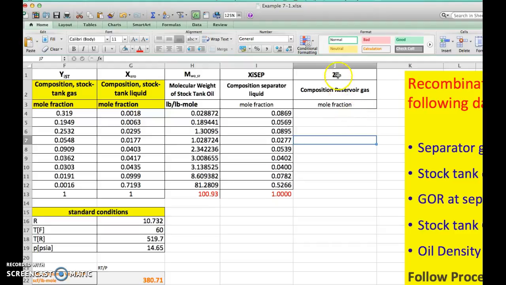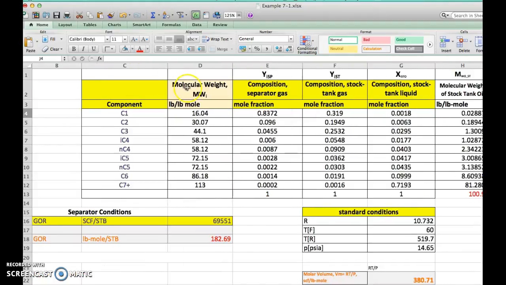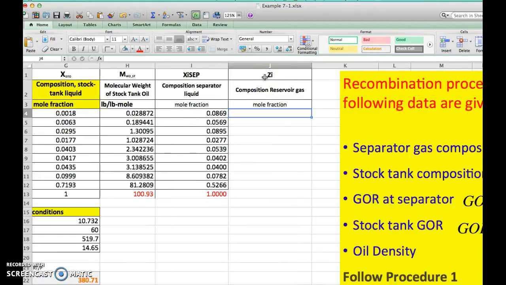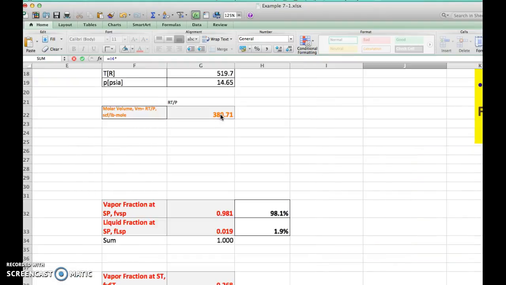The next step, calculating Zi, the original, and I will recombine the composition at separator and composition of gas at separator using the fraction of liquid and vapor at separator. So that would be composition of liquid multiplied by fraction of liquid.